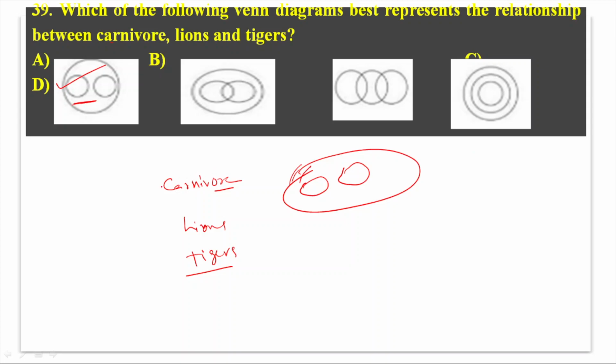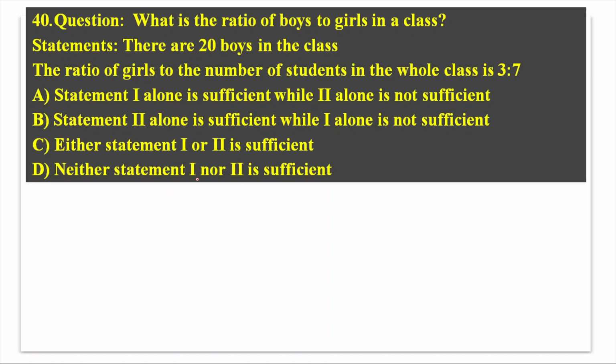Let us move to the next question here. Okay, this will be the next question. This comes under data sufficiency. What is the question asking? What is the ratio of boys to girls in a class? The first statement: the number of boys in a class is 20.